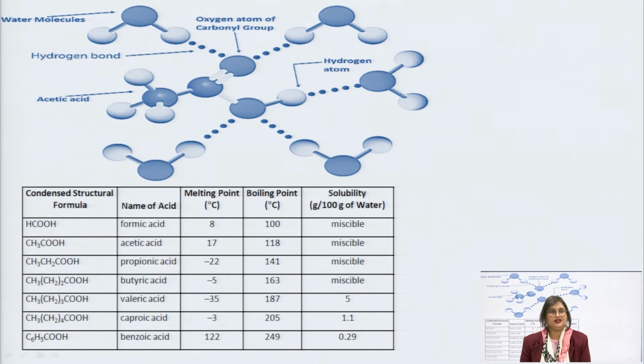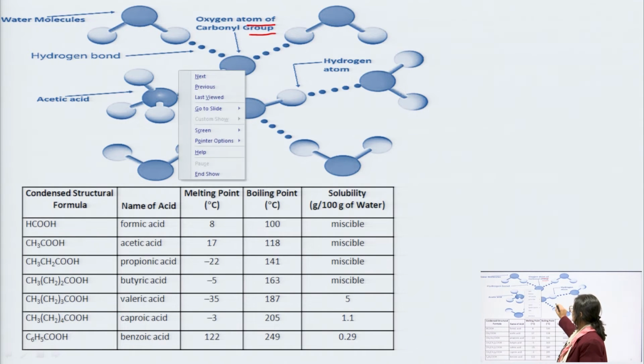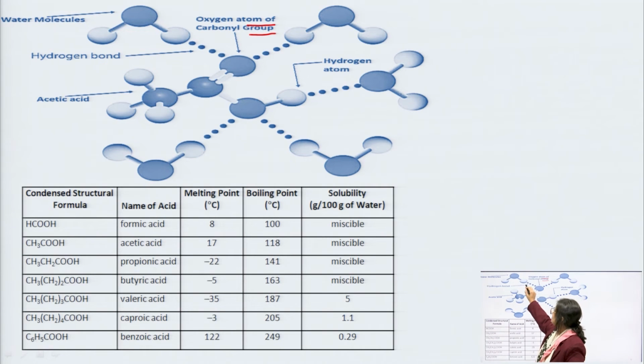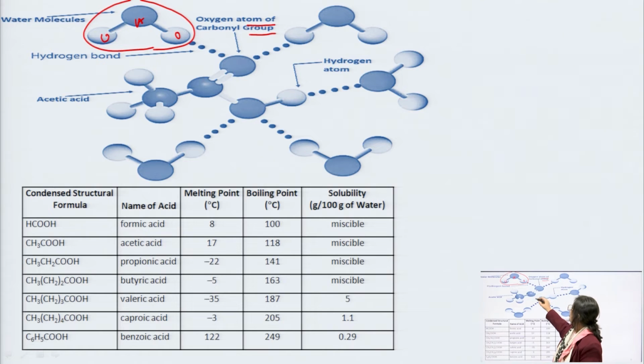Here if we see, these are the structures of water molecules and carboxylic acids, where the oxygen atom of the carbonyl group forms hydrogen bond with water molecule. Okay.